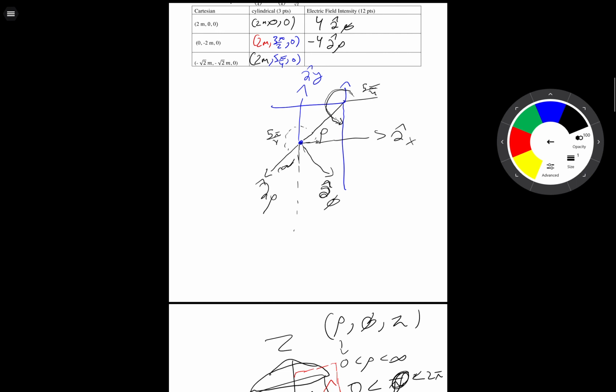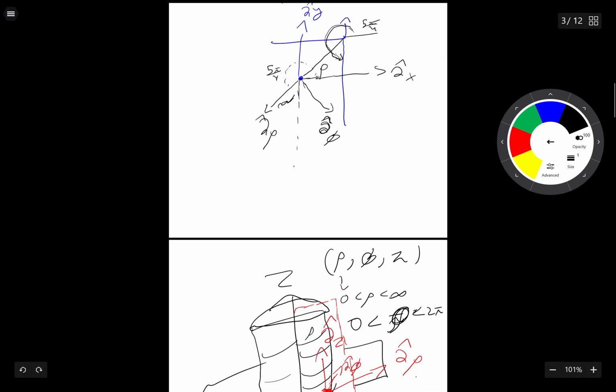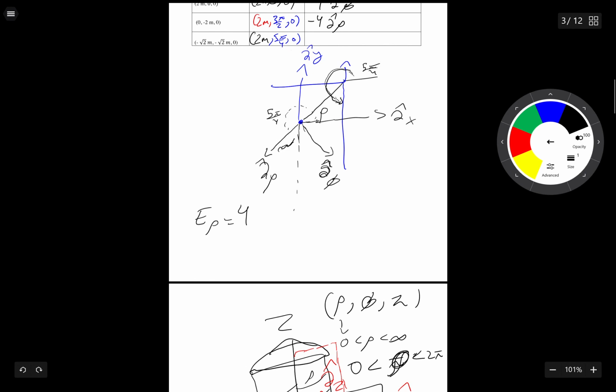So you can say that the electric field in the rho direction is going to be our hypotenuse, which is this 4 value, times cosine of 5 pi over 4, times the a sub rho direction. This gives us 4 root 2 over 2, negative. So we are left with negative 2 square root of 2. That's our electric field in the rho direction.